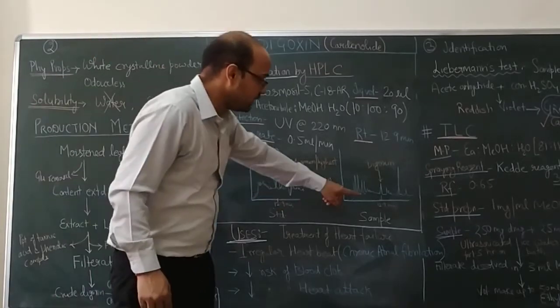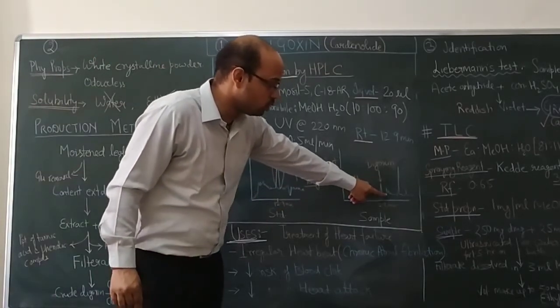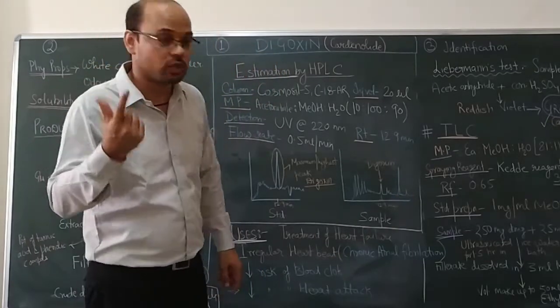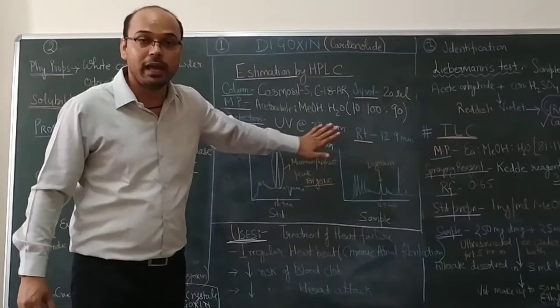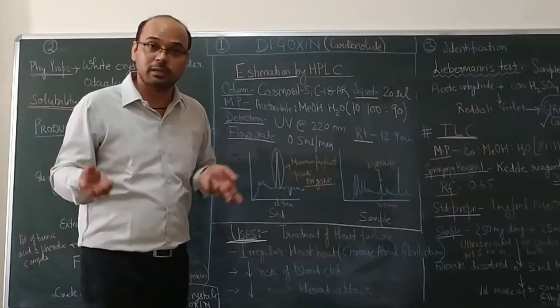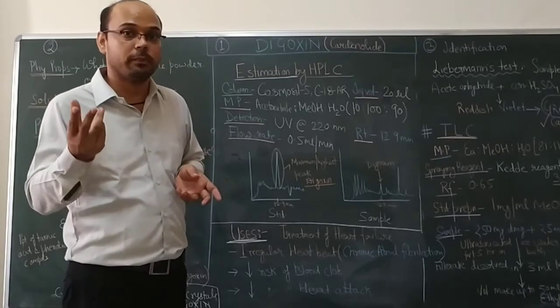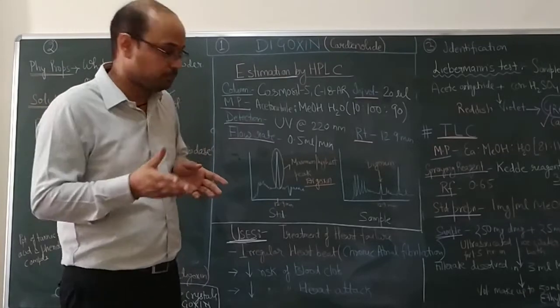In this way you can easily detect that this peak must be of the phytoconstituent digoxin. So this is the method by which you can estimate, and also quantify, your phytoconstituent in the given drug sample.